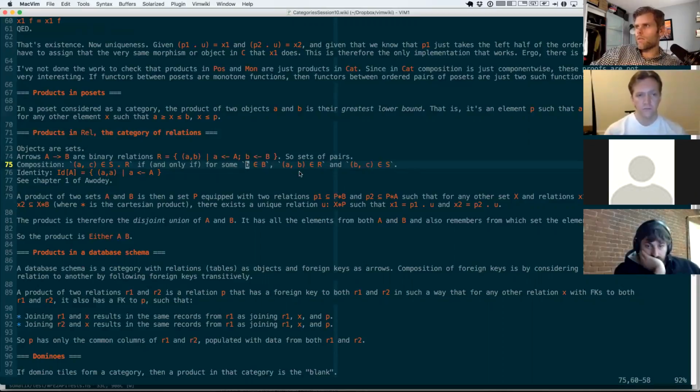So there must exist some b such that (a, b) is in the relation R and (b, c) is in the relation S. That makes (a, c) be in the composite relation S after R, right? So this is just relational join. And then there's the identity arrow, which is all pairs (a, a) from a single set A. Great. So this is just from chapter 1.